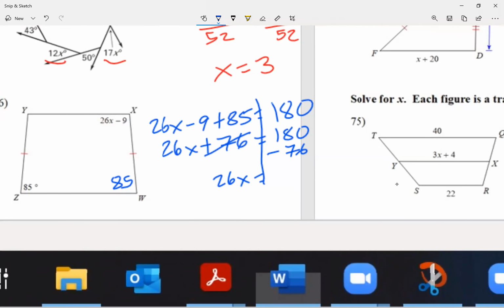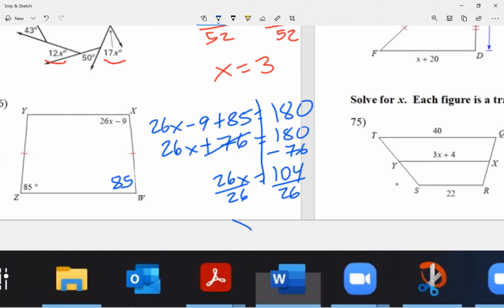So I get the 26x equals, now 180 minus 76 is 104. To get the x by itself, let me divide both sides by 26. So x equals 104 divided by 26 is 4. So x equals 4.